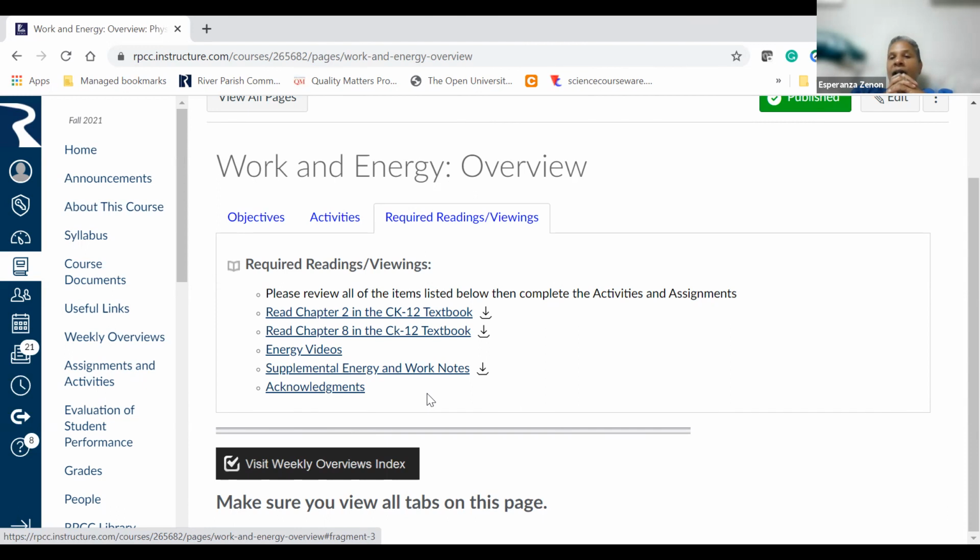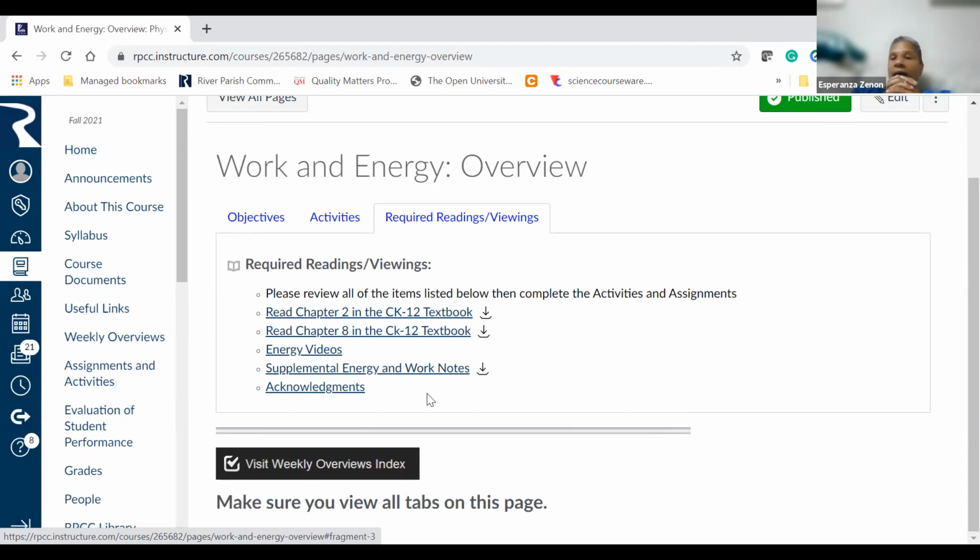Just like I want you to be honest and give credit to your sources for the project that you're doing, I also have to be proper and give acknowledgement to the sources that I use. So for every overview, I acknowledge the sources that I use to put this material together. And so that's like my bibliography, right?